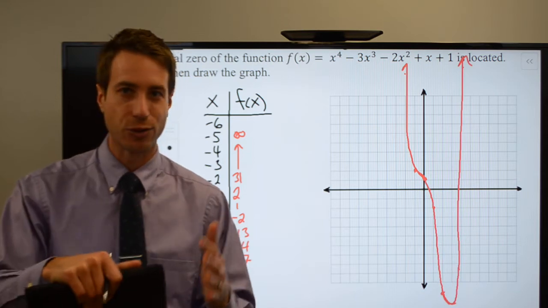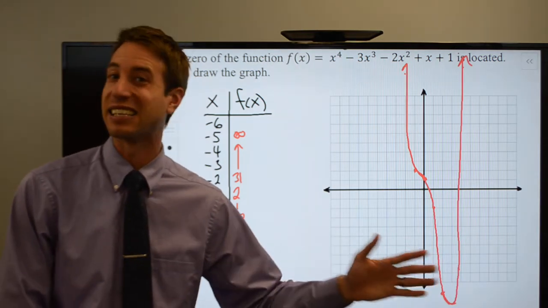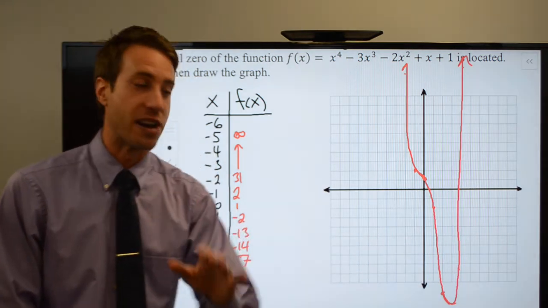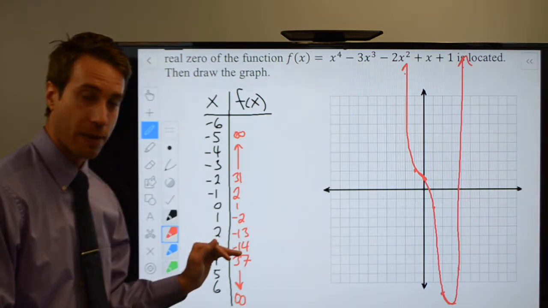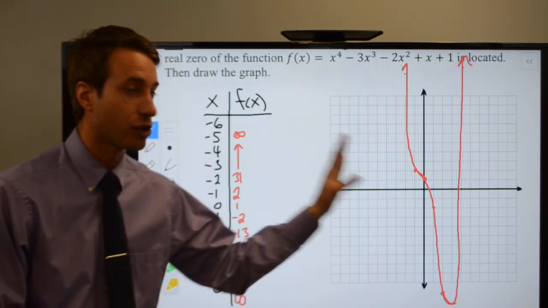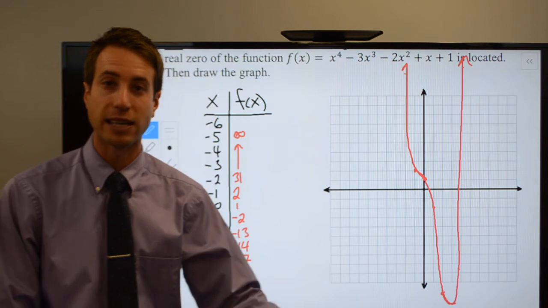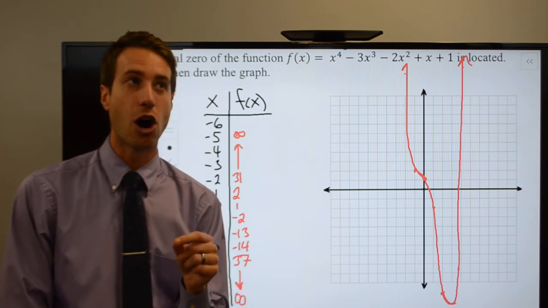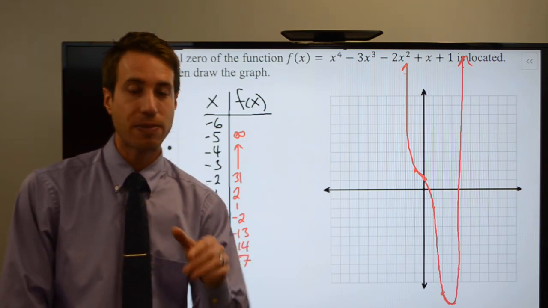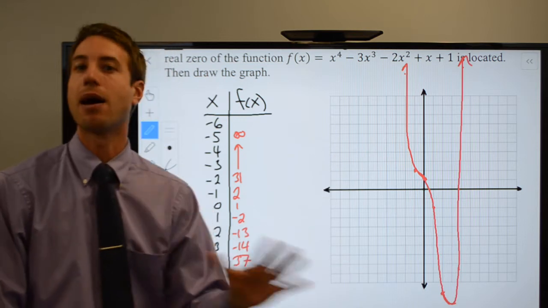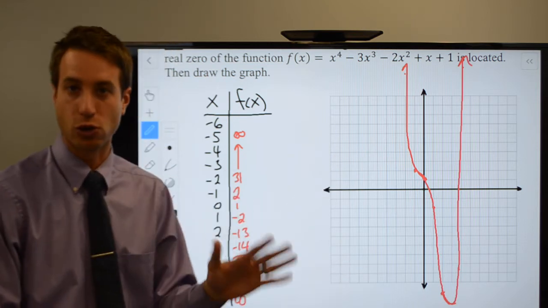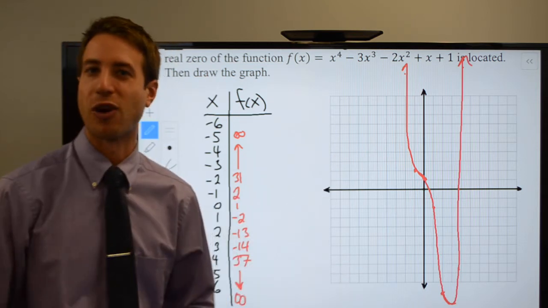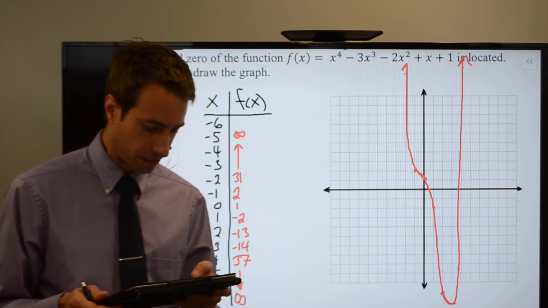We'll worry about those other little nuances as we get into later sections. For now, you've chosen your domain values, you've found your range values, you've plotted them, you've connected your dots. No, it's not exactly right, but it's good enough for now. We'll worry about the graphing calculator stuff later.